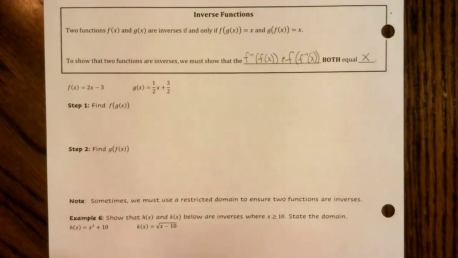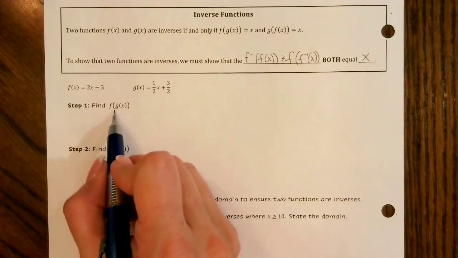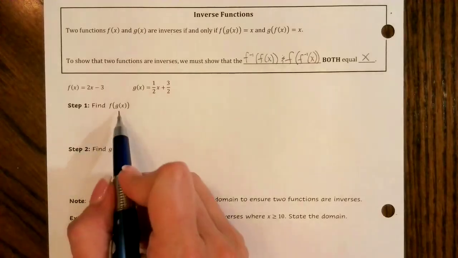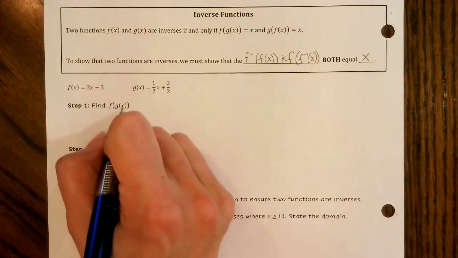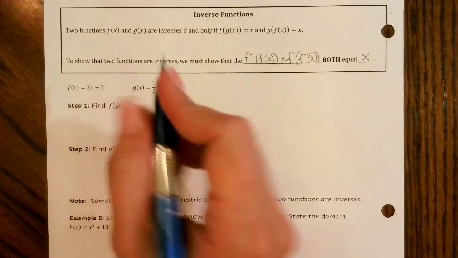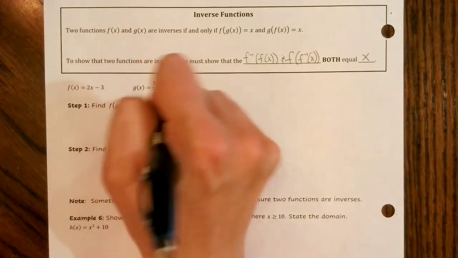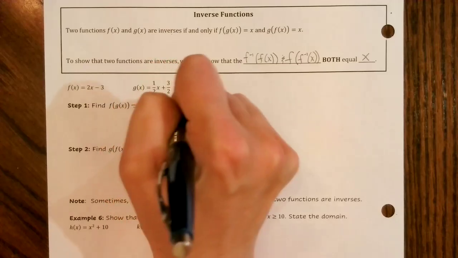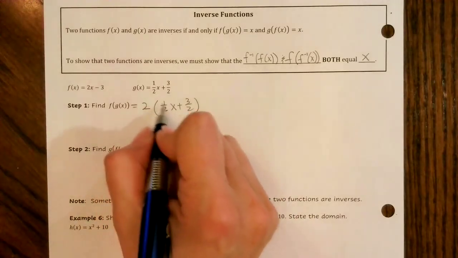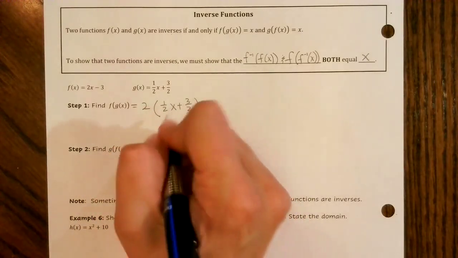So we're going to do that example here. The first step would be to find f of g of x, and the second would be to find g of f of x. So first we'll start with this one. g of x is going into f of x, so I'm going to take this whole thing and replace this x with it. And so we get 2 times (1/2 x plus 3/2). I distribute my 2 all the way in there.